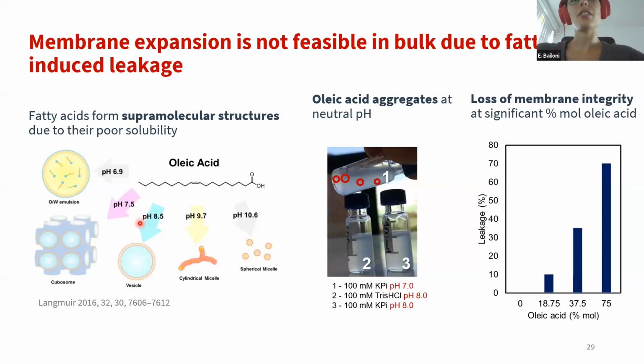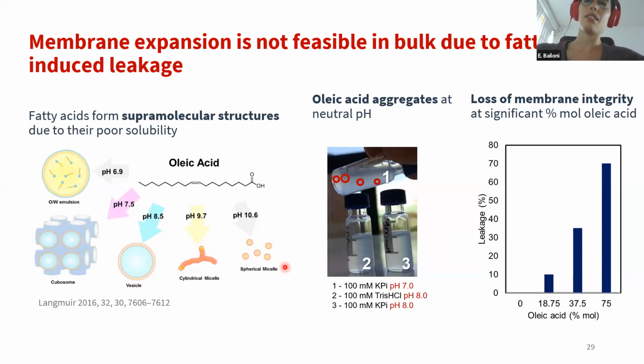When the pH is increased, the oleic acid and other fatty acids as well reassemble into vesicles when they're half in the neutral state and half in the negative state. And from there on, we proceed towards the micellar state when most of the fatty acids are in the negative state.